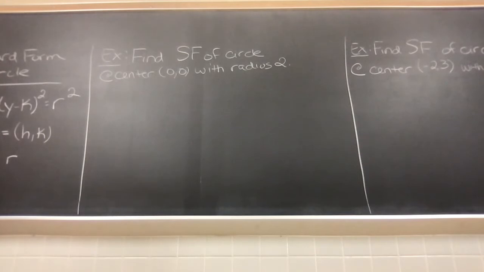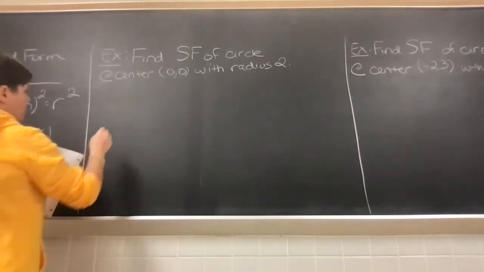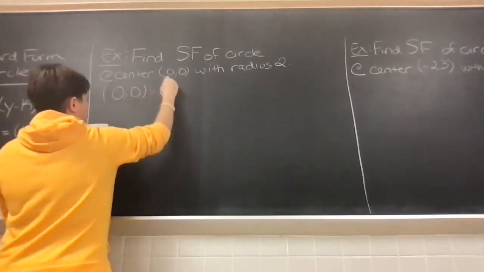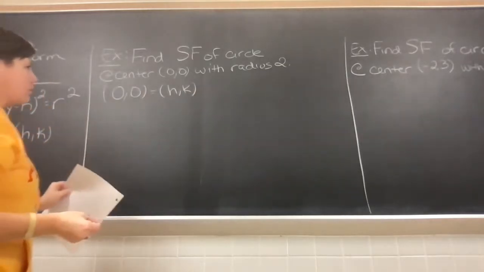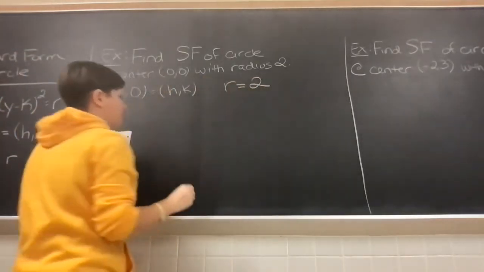So let's find the standard form of a circle that has a center 0, 0 and a radius of 2. So we have 0, 0 as our center, that's our h, k. We know our radius is 2, so r equals 2.